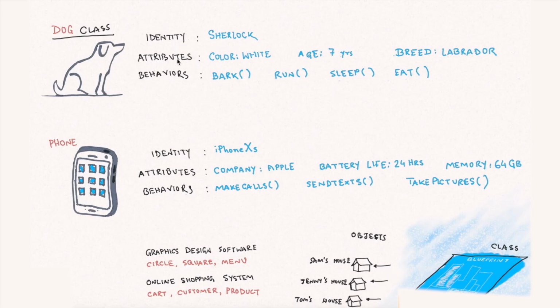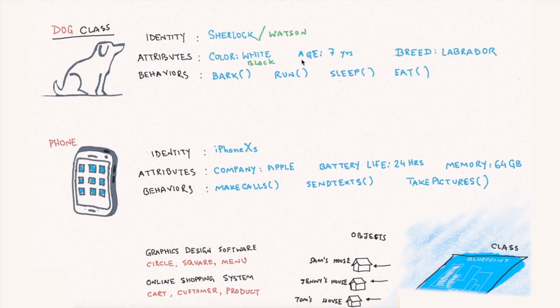If you want to create different dogs, then at first you'll have to create a dog class. And then from there, you can create as many different dog objects as you want. Of course, each dog will have a different identity. So let's say the new dog that you create will have a different identity. Let's say the new dog's name would be Watson. And maybe the color attribute for the new dog named Watson would be, let's say, black.